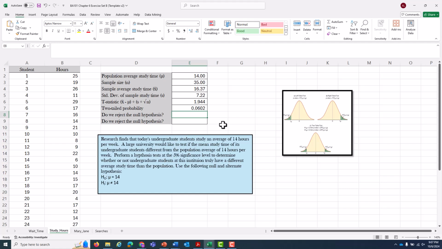And when P is not less than alpha, you fail to reject the null hypothesis. We do not have statistical evidence in this case that students study for a different amount of time on average. The entire population of students studies at a different amount of time on average than the 14 hours that is the status quo. So we fail to reject the null hypothesis.